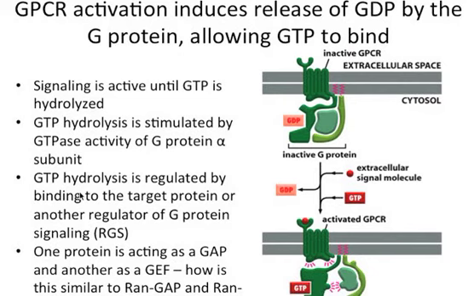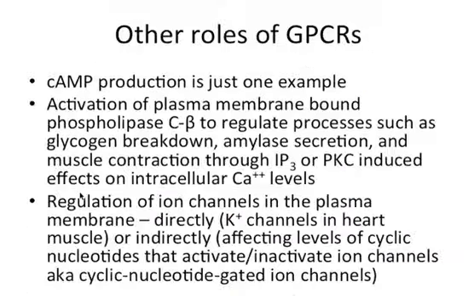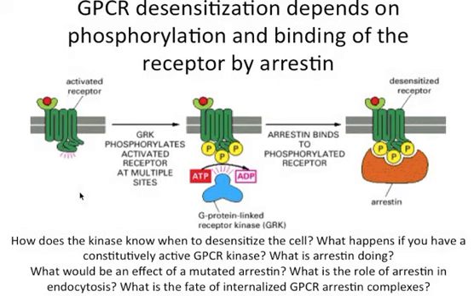That's acting as your GEF, exchanging your GDP for your GTP, right? Activating. Okay, let's go back to the arrestin. So now that you're phosphorylated here and you recruit arrestin, you can't activate your G protein anymore. So that's a way to shut off signaling.